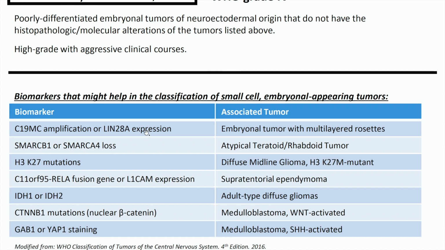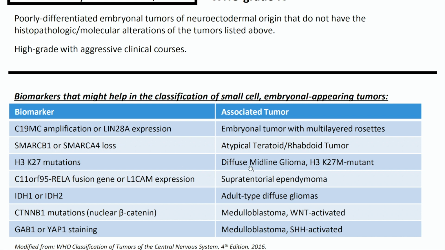So this is a helpful little chart. I am going to go over this one just because it's kind of classic as far as some biomarkers and then associated tumors. So C19MC amplification or LIN28A expression is going to be that embryonal tumor with multilayered rosettes. SMARCB1 or SMARCA4 loss, atypical teratoid rhabdoid tumor.